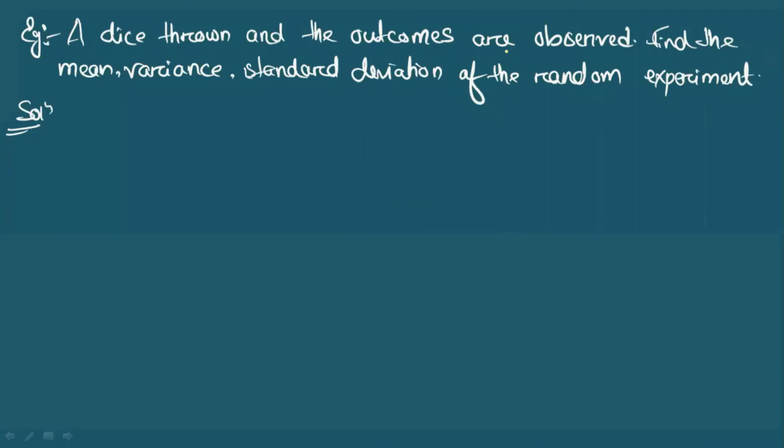So now let us see a question. Here it is said a dice is thrown and the outcomes are observed. Find the mean, variance, and standard deviation of the random experiment. You're having a dice and its outcomes are observed, right? So from this, you will calculate mean, variance, and standard deviation. So first of all, I'm taking xi to be the discrete random variable here.